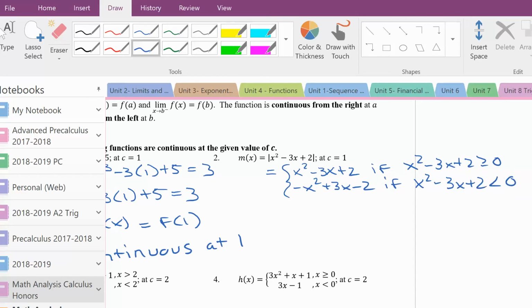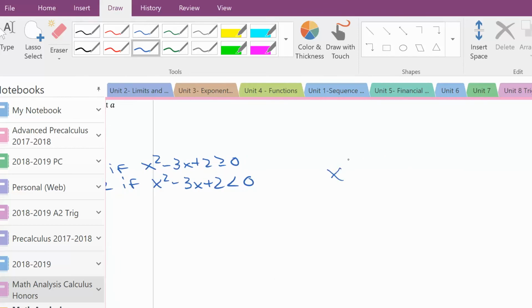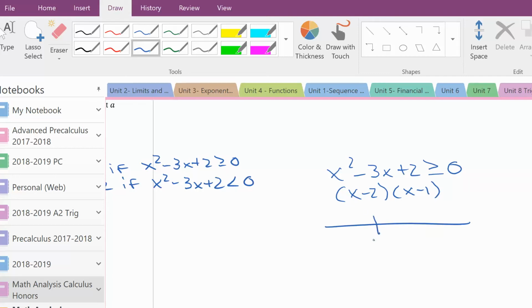Well, let's think about this inequality for a second. X squared minus 3x plus 2 is greater than or equal to 0. Well, that means if you factor, the critical numbers are 2 and 1.